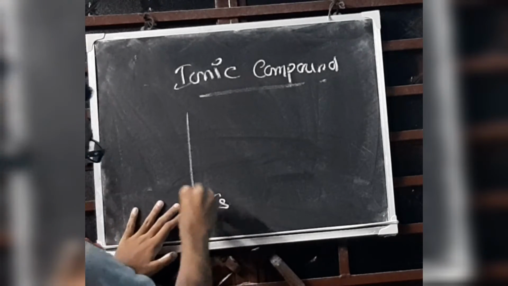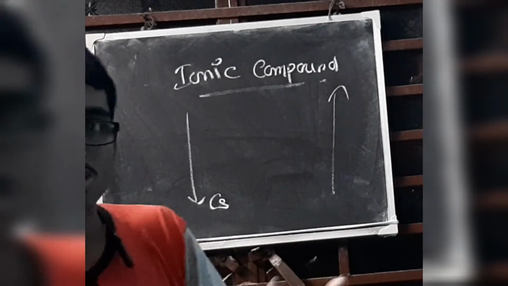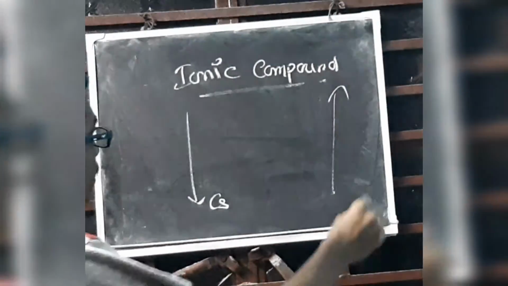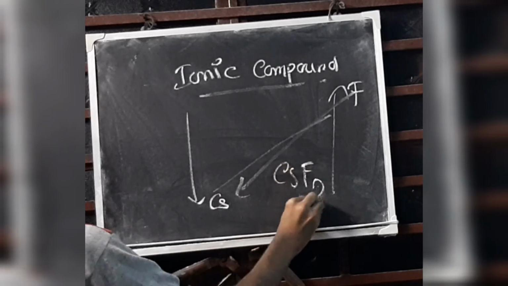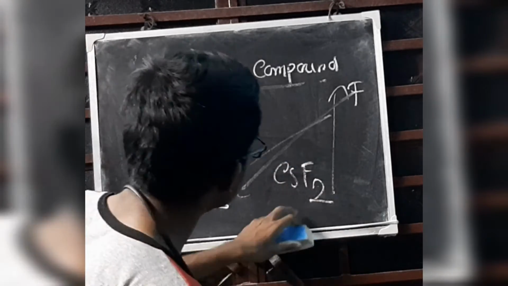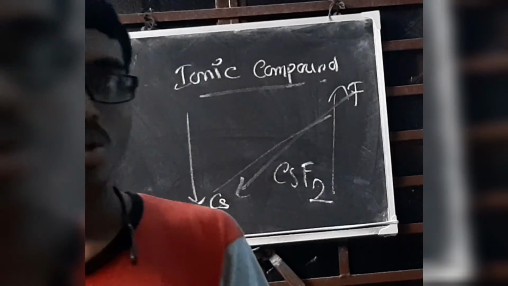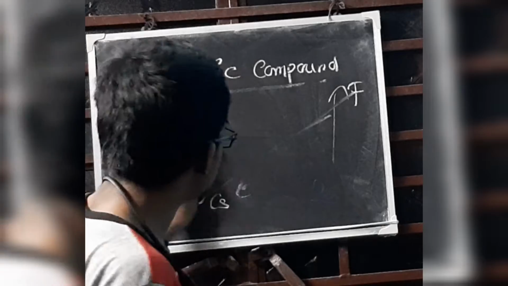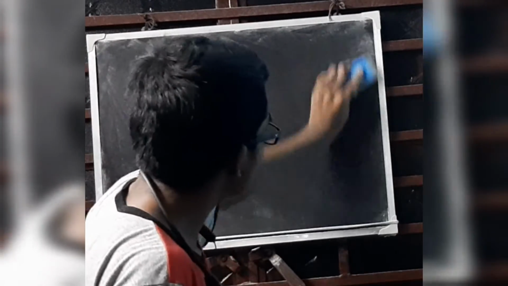So in the first group, Cs is at the bottom, and in the last group, ignoring the noble gases, because noble gases have zero electronegativity, they have already fulfilled their shells, chlorine is the target. So this will combine with this. So what is that? CsF. It is going to have the maximum ionic character. This is covered more in chemical bonding. After you study electronegativity, you will understand this better.